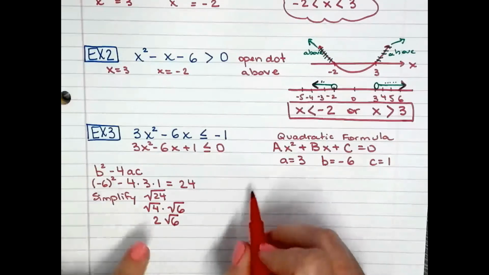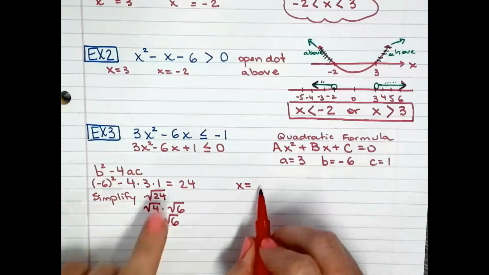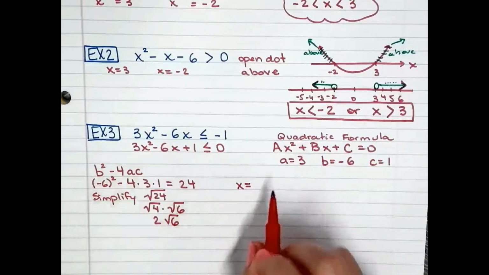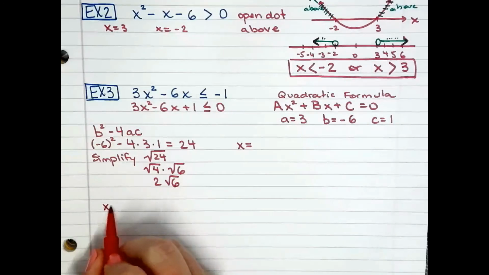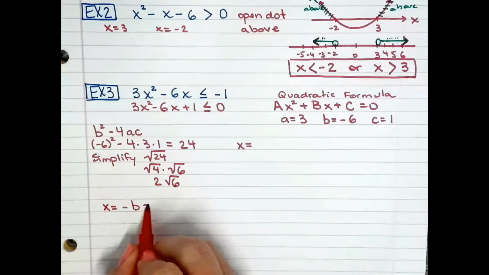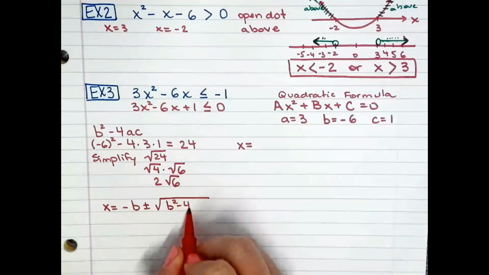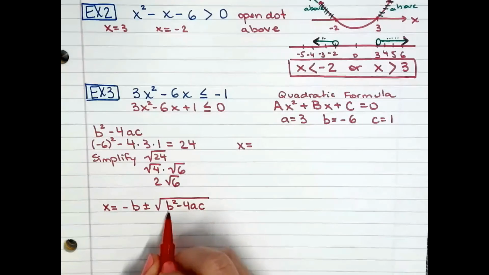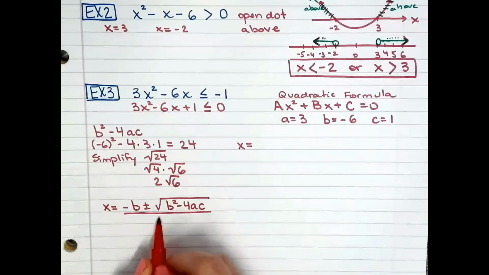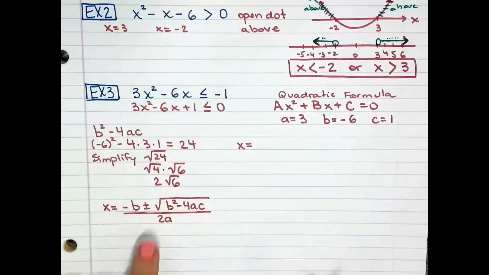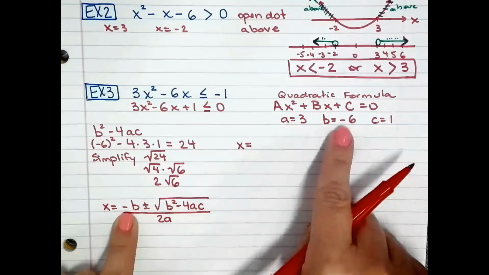Okay, let's go back. X equals opposite b. Should I write the quadratic formula here? Okay. So x equals negative b plus or minus the square root of b squared minus 4ac, everything divided by 2a. Okay, so negative b. b was negative 6.